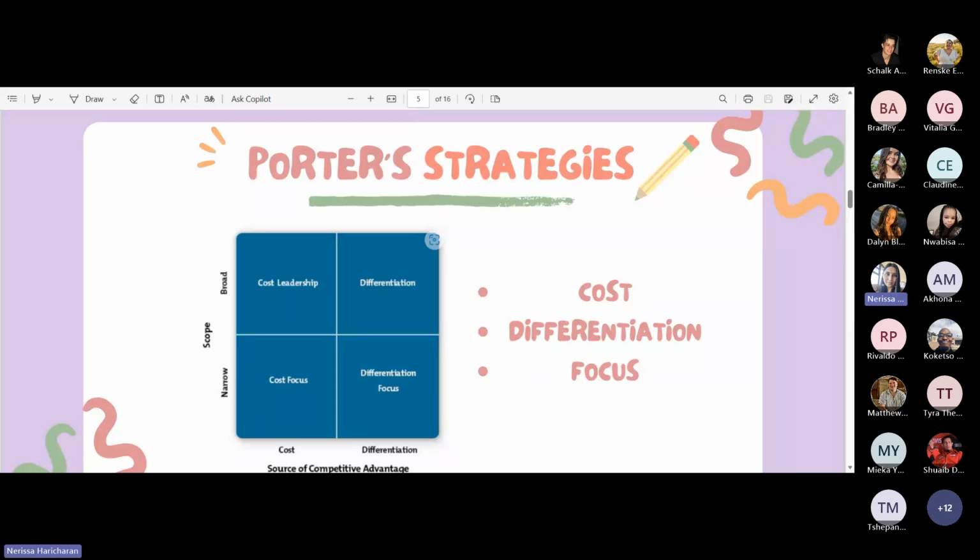So this is Porter's strategy, or Porter's competitive forces. It allows businesses to understand how best they can be different in the market, maybe a cheaper option, a different option, or a specific focused option. And this allows you to split between the four quadrants on the strategy side.